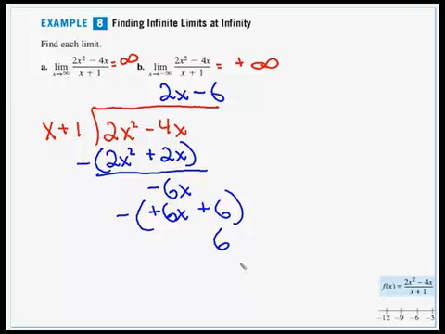So we've divided in and we have this remainder of 6. So after our division we have 2x minus 6 plus our remainder over our original divisor. So this function, when we divided it out, is 2x minus 6 plus 6 divided by x plus 1.